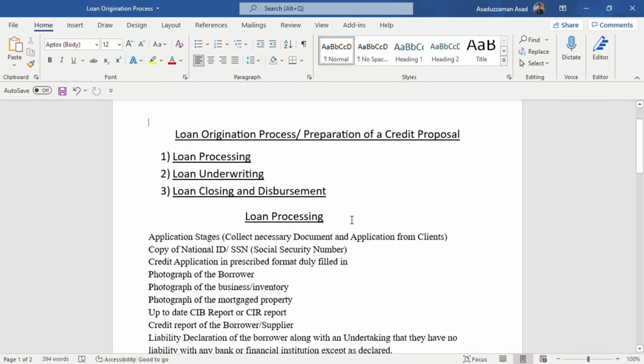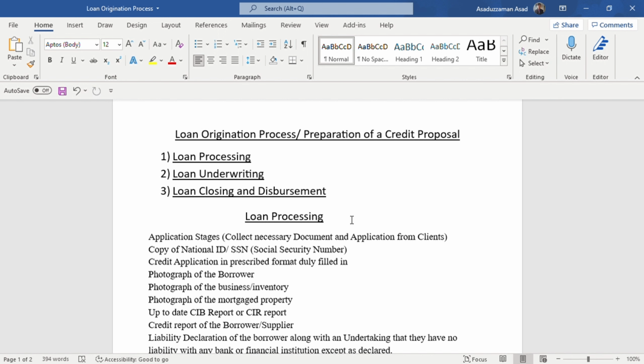At first, as a loan officer, you will have to take the necessary documents, or loan applications with necessary documents, from the clients or borrower.